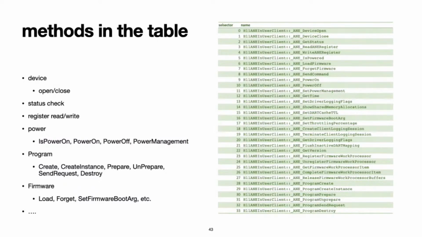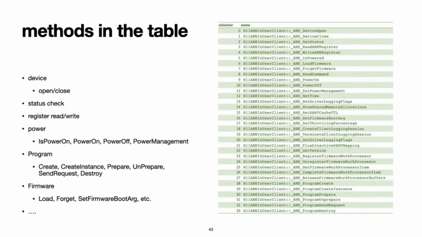For your convenience, I put those methods into a table. You can see that there are more than 30 methods in this table, and various functions are provided by this dispatcher. There are device-related functions to open or close the device. There are status check functions. There are register rewrite functions.